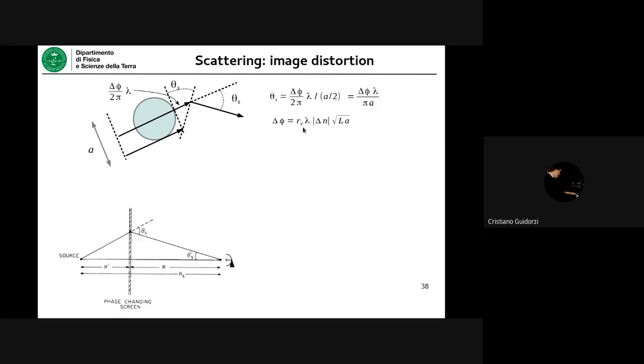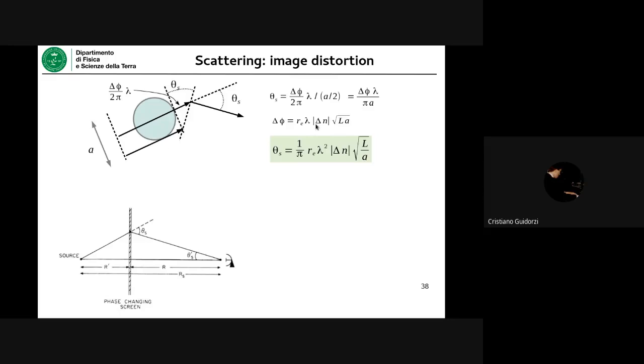Okay, so just using the delta phi we came up with in the previous slide, which I reported here, by multiplying this by lambda over pi a, you gain an extra factor of lambda, so lambda squared, times the radius of the electron. And again, here you have a square root of L a over a, so a square root of L over a.